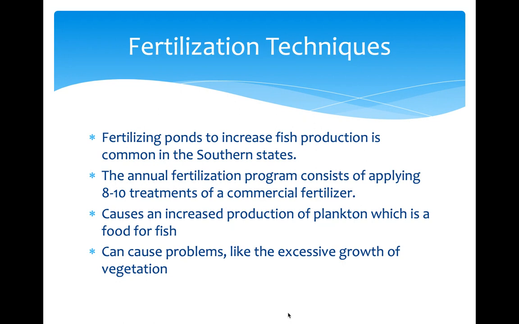Eight to 10 treatments of a commercial fertilizer is what you would typically do in a year. And this is going to increase the production of plankton, which is good for the fish because they're going to eat more. They eat more, they become more healthy, they reproduce more. But again, you have to be careful as far as the vegetation.